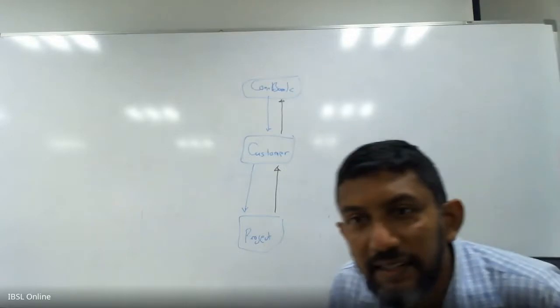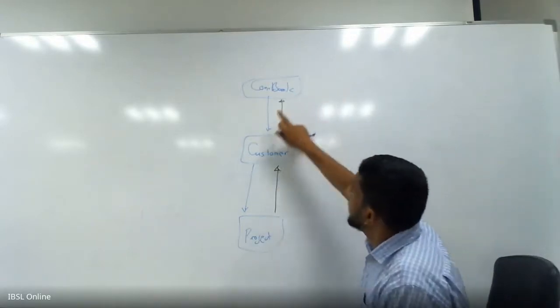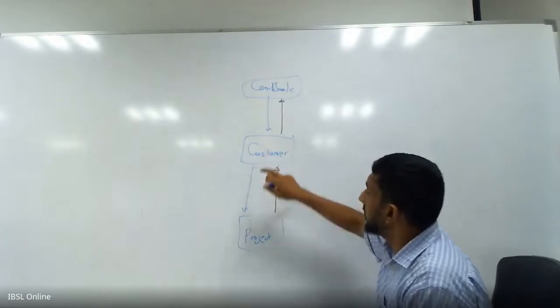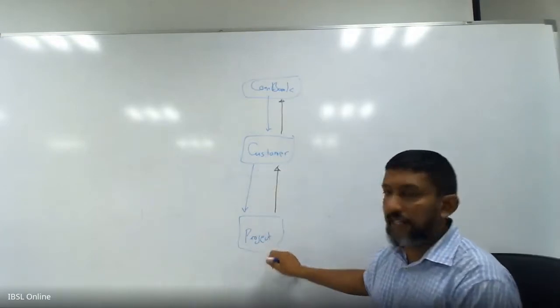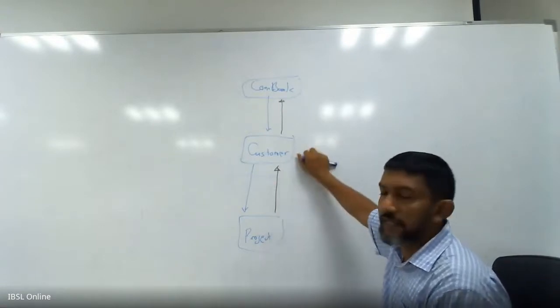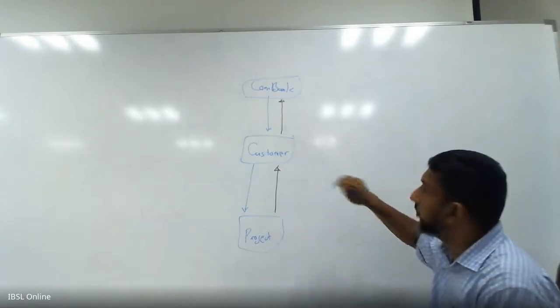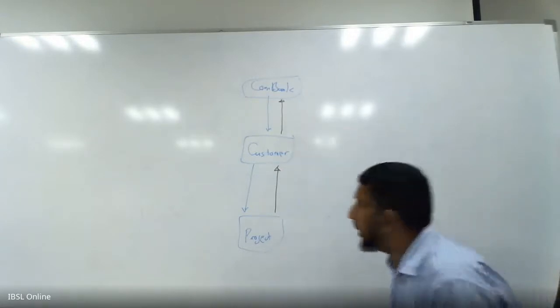The conventional bank gives facilities to the customer who undertakes projects, and then the customer takes the returns on those projects and pays the conventional bank.